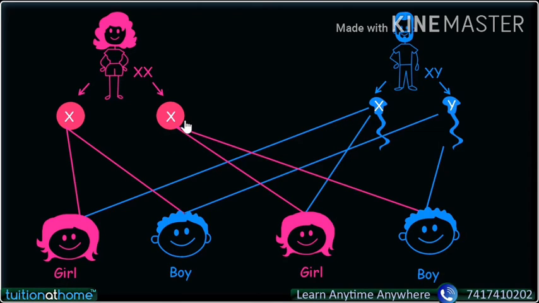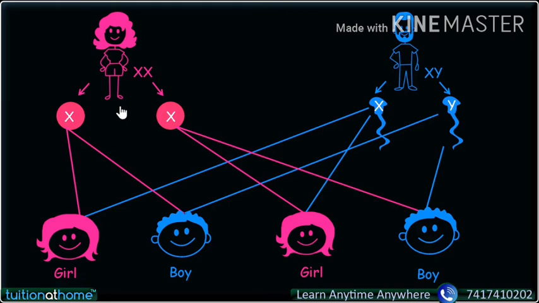Actually, the sperm decides the gender of a baby. The egg can certainly contribute, but really it cannot decide the gender of a baby. So, what decides the gender of a baby? It is the type of sperm which is going to be fused with an egg cell.